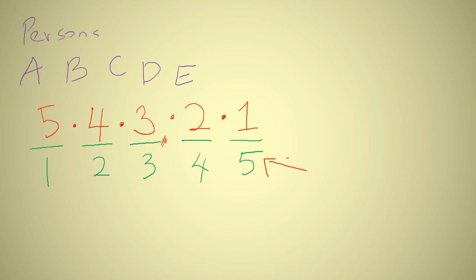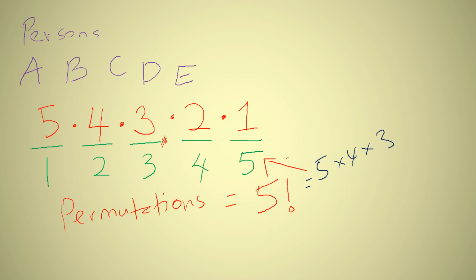And so the number of permutations of sitting these 5 people in 5 chairs is equal to 5 factorial, which is equal to 5 times 4 times 3 times 2 times 1, which is equal to 120.